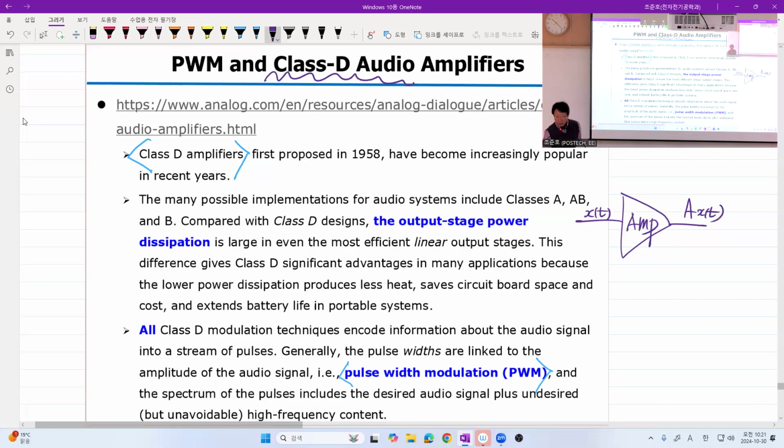But what if your amplifier internally has some circuitry that accumulates your incoming signal for a while? So it has some low pass filter and then amplifies.